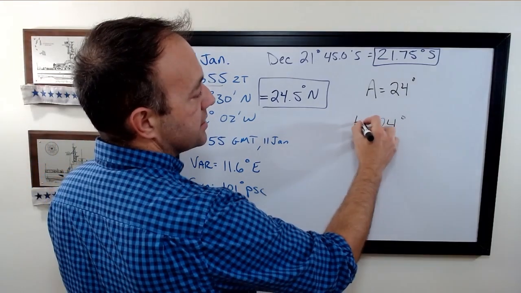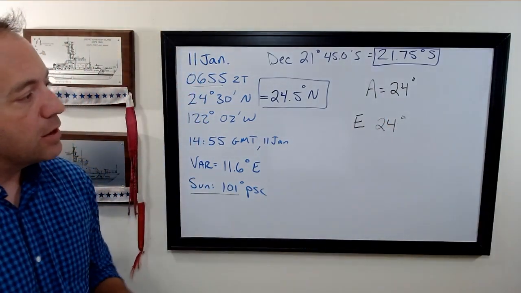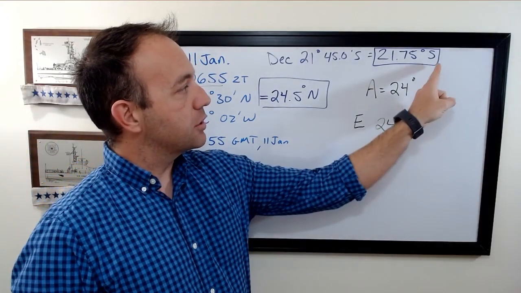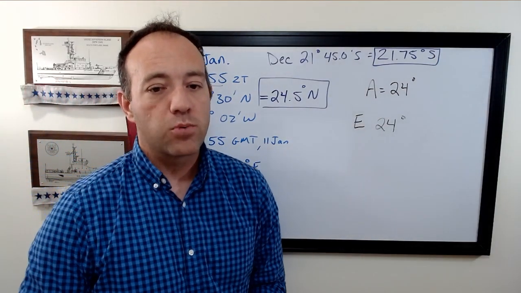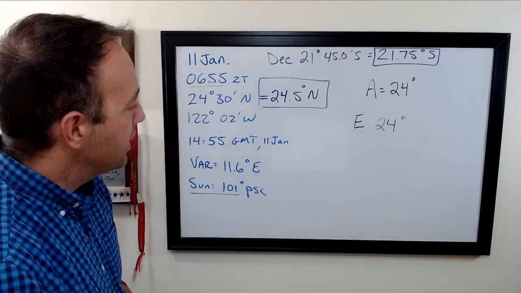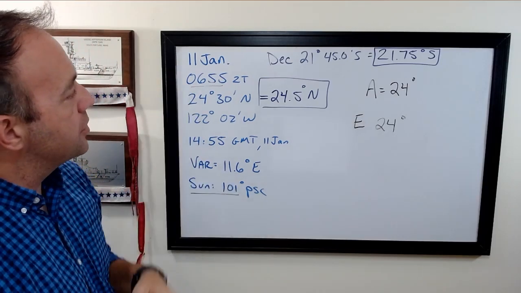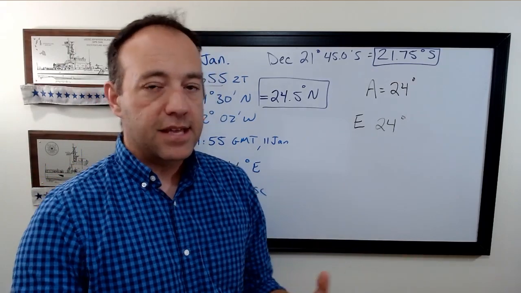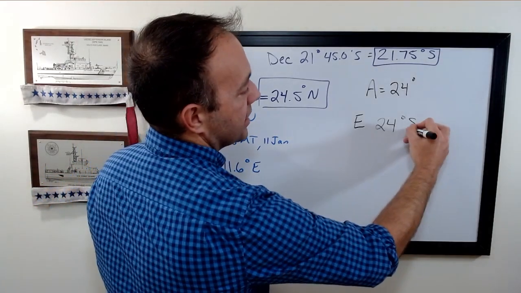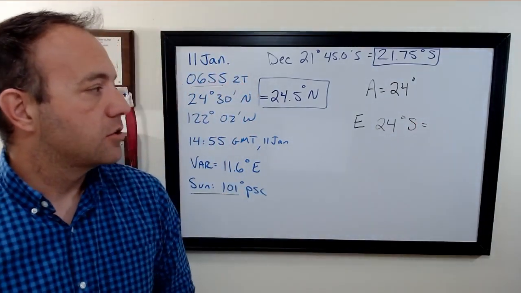So we're going to be east 24. And then for the suffix you can simply choose the declination value or think about the season as well. This season is winter time in the northern hemisphere, so clearly the sun is going to be south of west and south of east. So that's our declination nomenclature there.